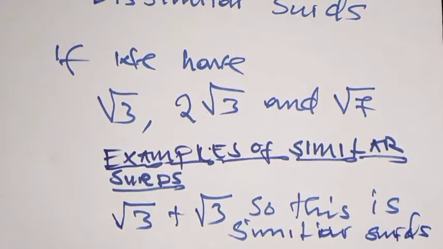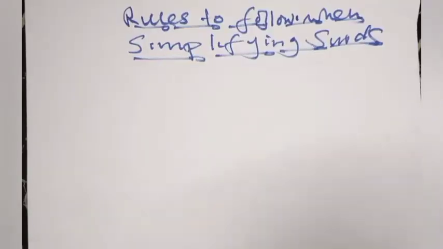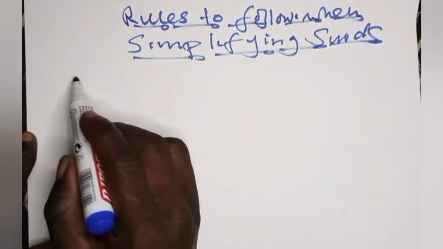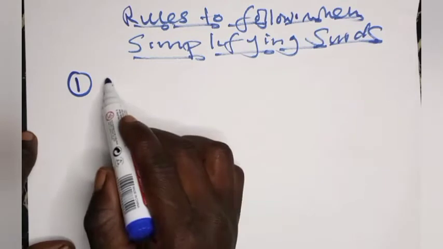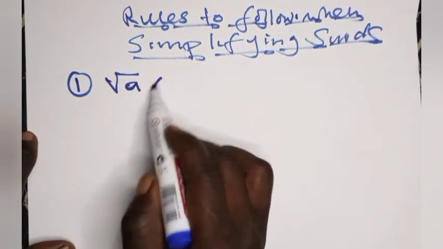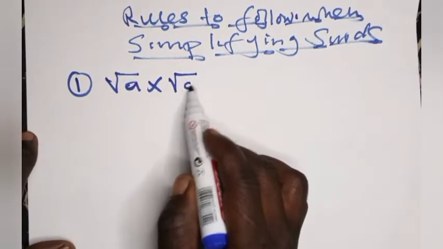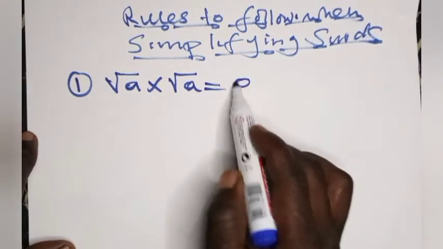So now let's check out the rules to follow when simplifying surds. Rule 1: if we have root a times root a, it is equal to a.